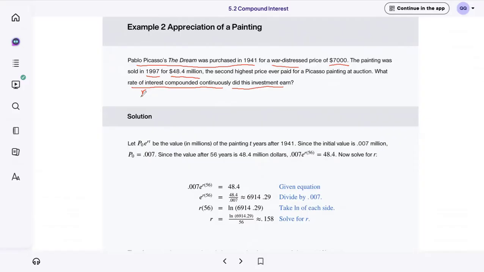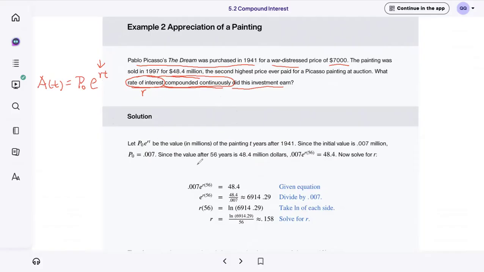So remember in the formula, we have this, right? So this is looking for the rate of interest being compounded continuously. So looking for this r, because we know the years, from 1941 to 1997.